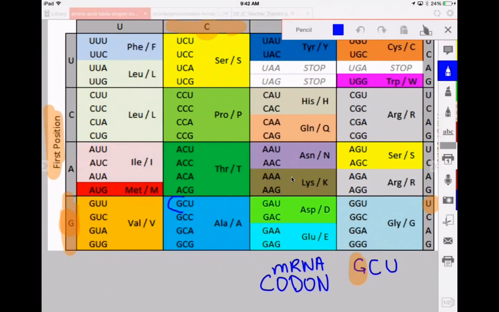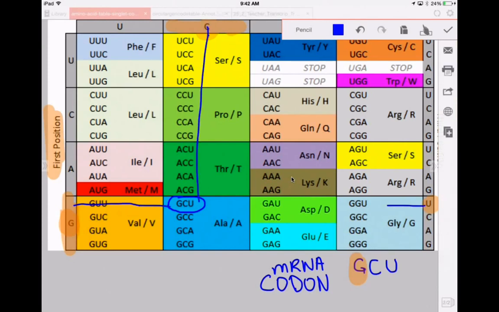GCU intersects at this point. And that's the intersection. So what does that call for? That calls for alanine. Okay, so now you know what the amino acid is.